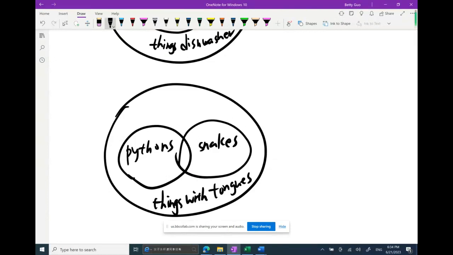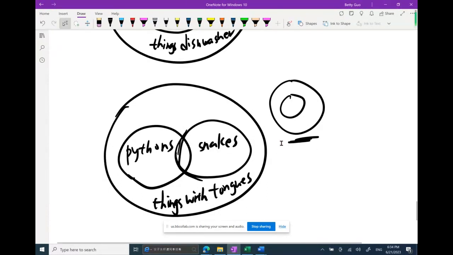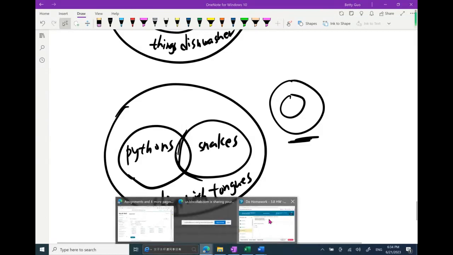They do not necessarily have pythons completely inside the snakes. Do you see that? This is just one case, but this disjoint case shows that the conclusion is not necessarily always derived from the premises. So that is definitely invalid.